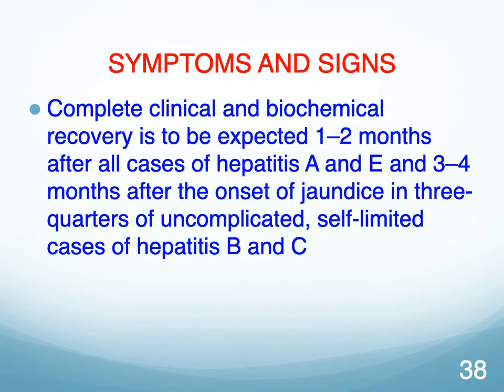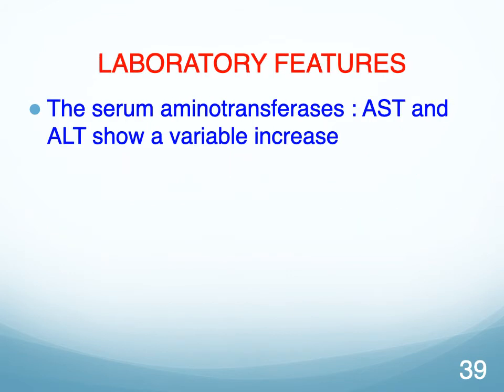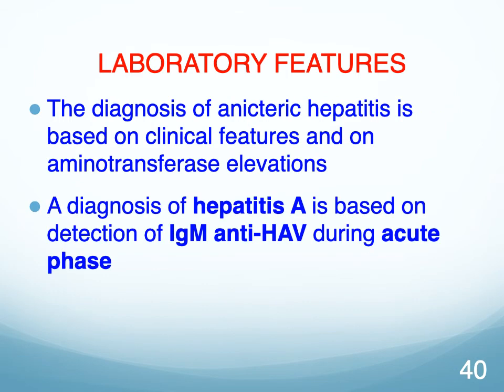Complete biochemical recovery is to be expected in about 2 months with regard to hepatitis A and E, and in hepatitis B and C, the clinical and biochemical recovery is from 3 to 4 months. Serum aminotransferases, AST and ALT, show a variable increase.